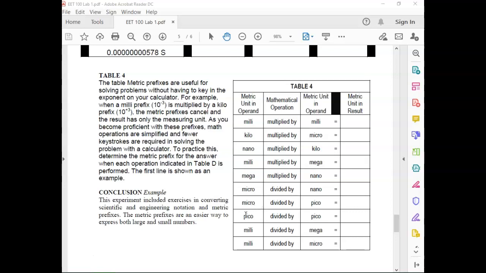So right here we have negative 12 minus negative 12. Will that fly? Yeah. So what you end up doing is adding positive 12, which basically means this is going to be a metric unit of 0. There is no metric unit for that one.